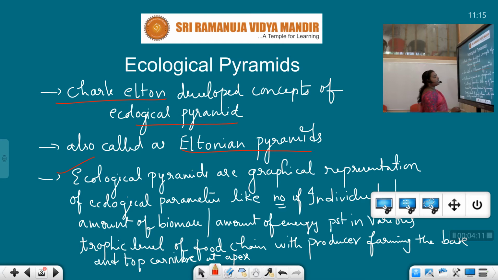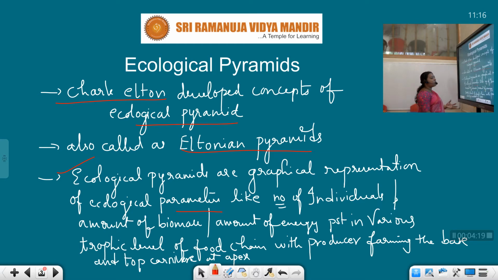Ecological pyramids are graphical representations of ecological parameters like number of individuals, amount of biomass or amount of energy present in the various trophic levels of the food chain, with producers forming the base and carnivores at the apex.